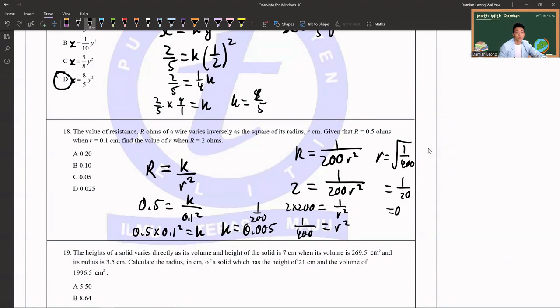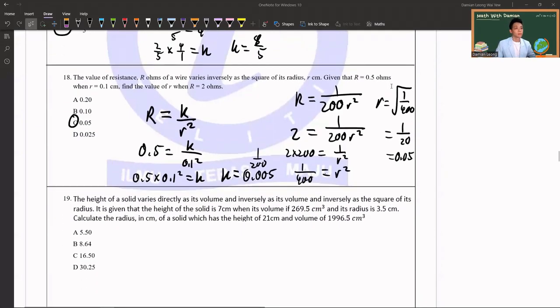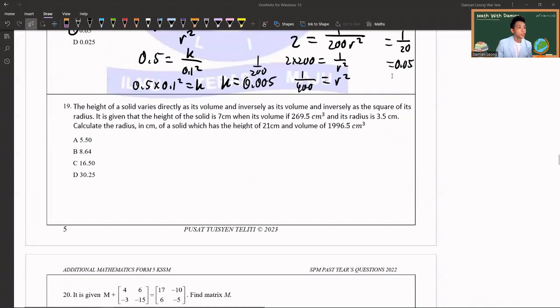And I can put 0.05 decimals. Equation 19. The height of a solid varies directly as its volume and inversely as the square of its radius. It is given that the height of the solid is 7 cm when its volume is 269.5 cm cubed and radius 3.5 cm.